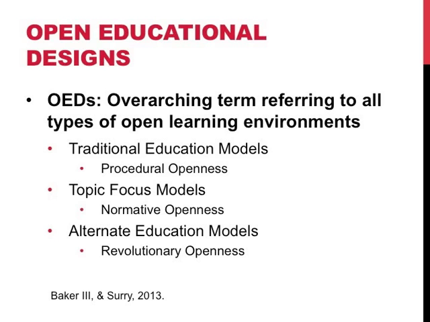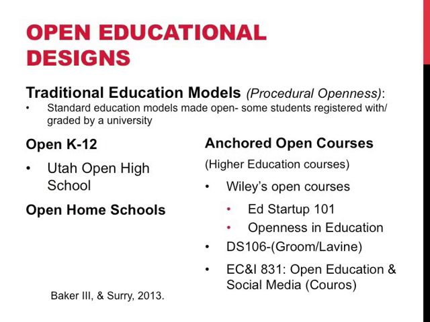So open educational designs are an overarching term to refer to all of these things, the three different types that we mentioned. Just a quick definition, because you've seen it on the map. A traditional education model is the primary category. It's a traditional class, and then it's been made open in some way.